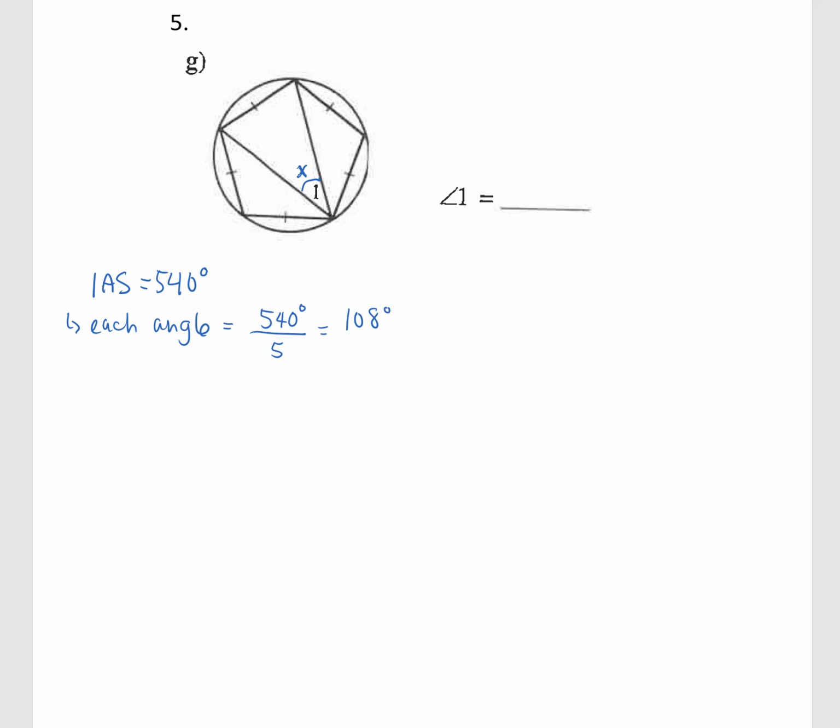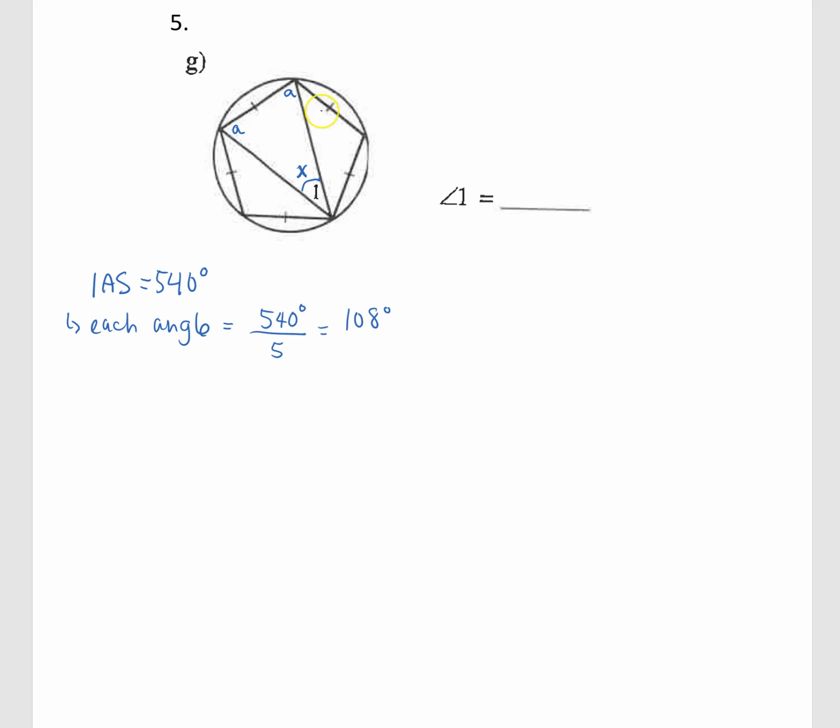With this triangle here, these two sides are actually the same length. Because of the symmetry of this pentagon, these two angles are the same value, so I'm going to call them A and A.